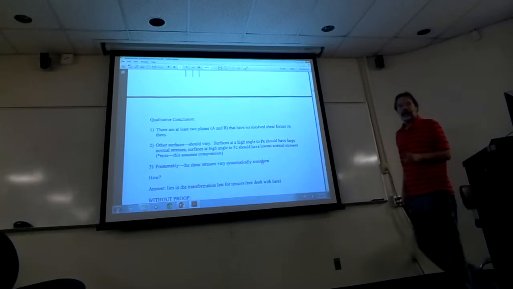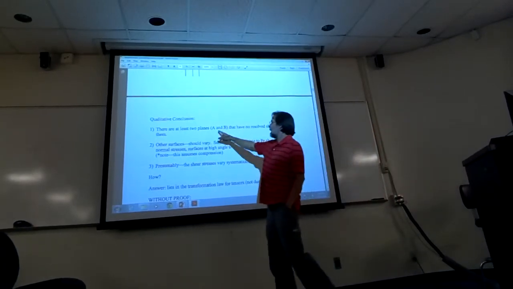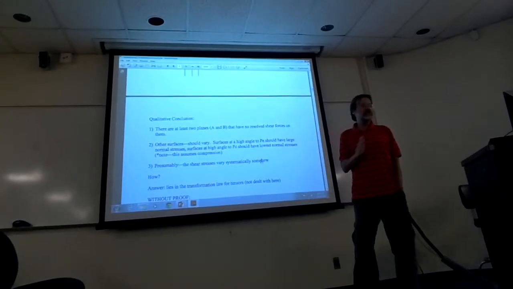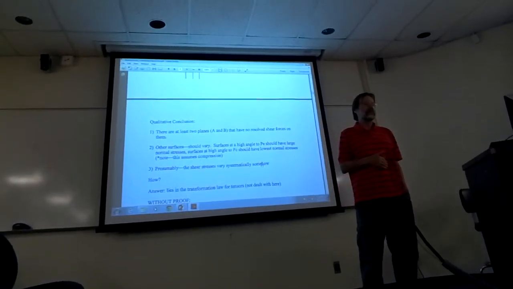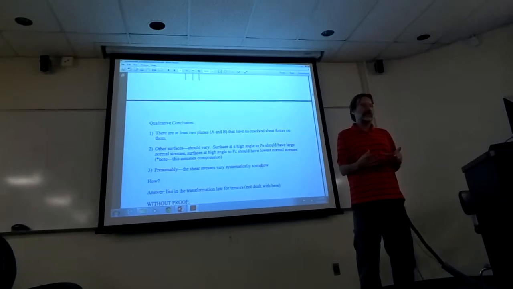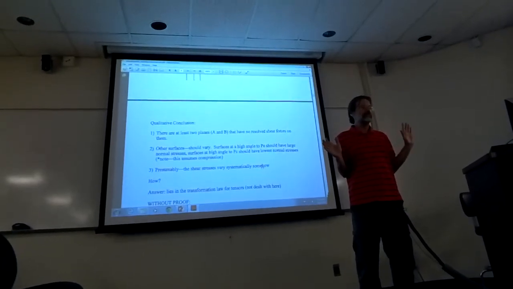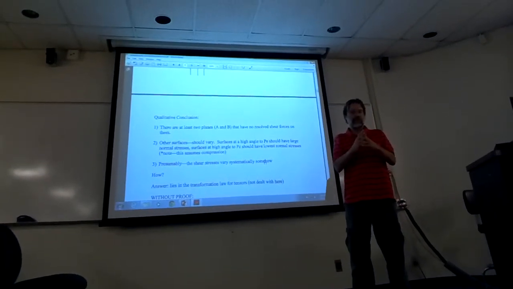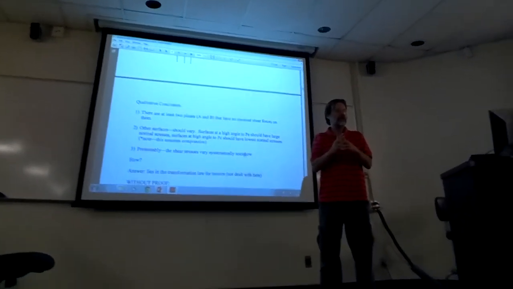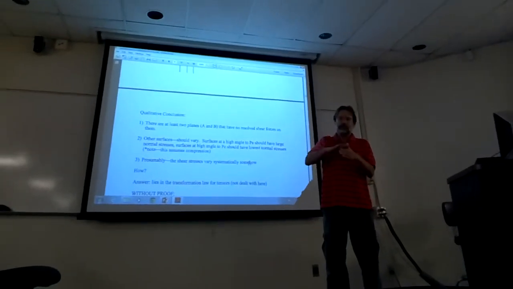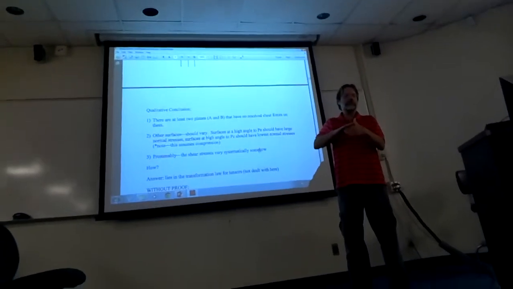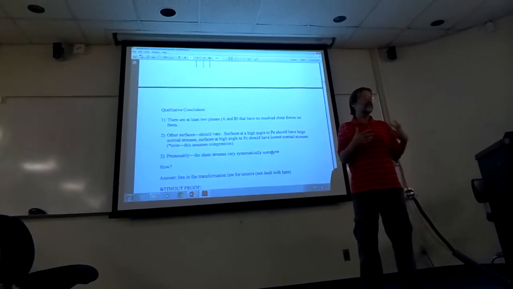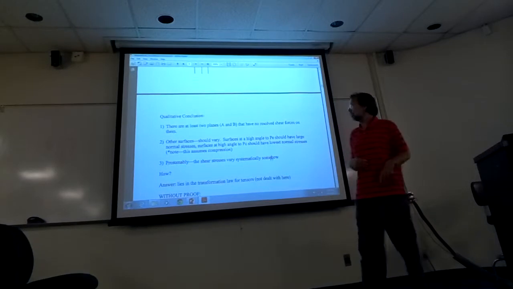You can show theoretically that these two planes, A and B, the reference planes in the experiment, always exist in any stress state. They're artificially set up within an experiment, but regardless of any stress system, you can always define a pair in two-dimensional stress, a pair of mutually perpendicular planes in three dimensions, three mutually perpendicular planes, that have this property where there's no shear stress across that surface.